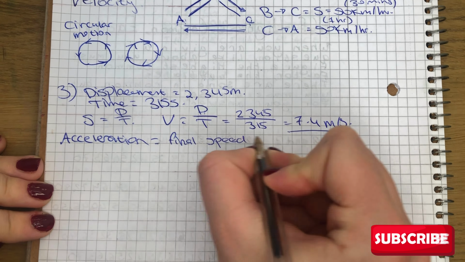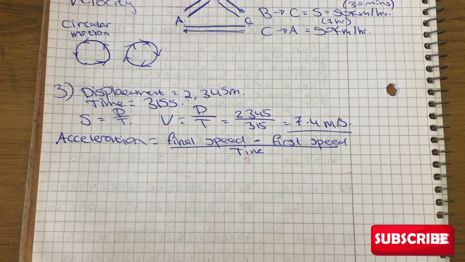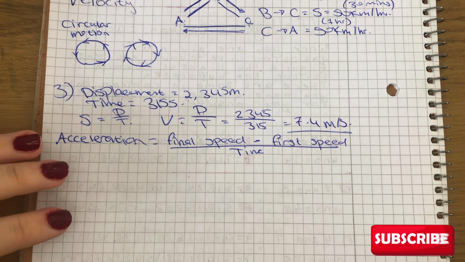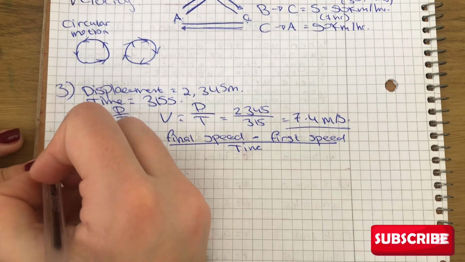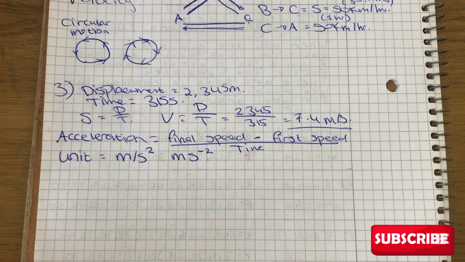So it's just the time taken for the change in speed. Acceleration is about the rate of change in velocity with time. The unit of acceleration is meters/second squared, or if you don't want the slash, it'll be meters second minus 2. Simple as.